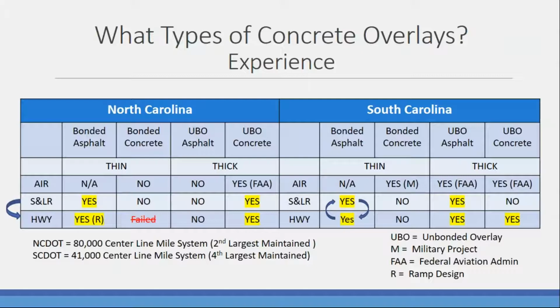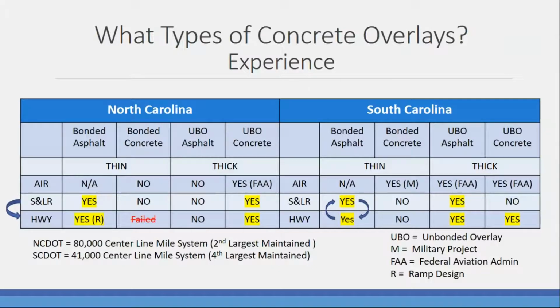The first thing I want to point out is that in North Carolina, NCDOT, and South Carolina DOT, we have a very large maintained system. North Carolina is the second largest, and South Carolina is the fourth largest state maintained system. Why I bring that forward is that some of the road network on the DOT maintained system in our states could very well be like a county road, like what you were hearing about in Iowa last week, or maybe a city road.